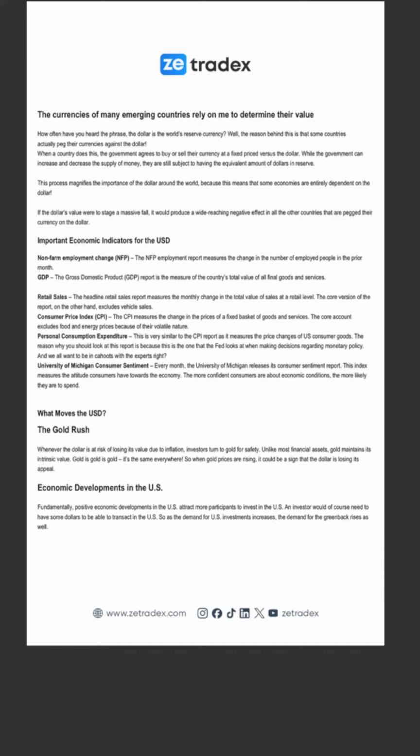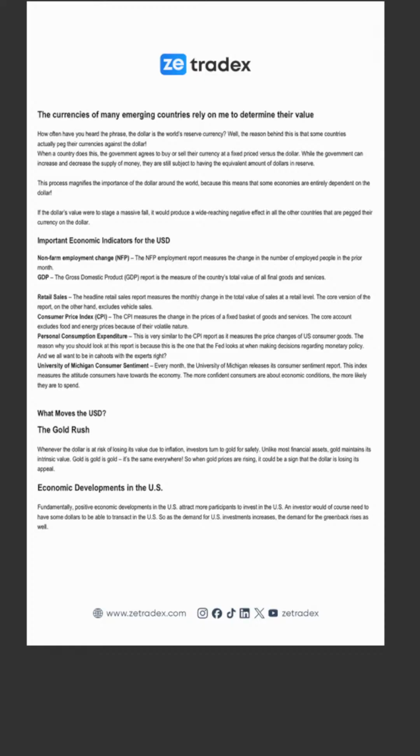Now, how often have you heard the phrase, the dollar is the world's reserve currency? Well, the reason behind this is that some countries actually peg their currencies against the US dollar. When a country does this, the government agrees to either buy or sell their currency at a fixed price versus the dollar. While the government can increase and decrease the supply of money, they are still subject to having the equivalent amount of dollars in reserve.